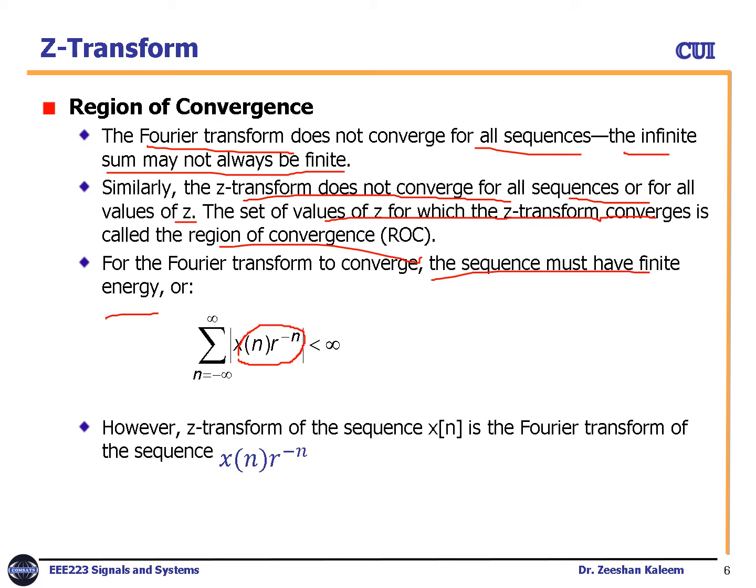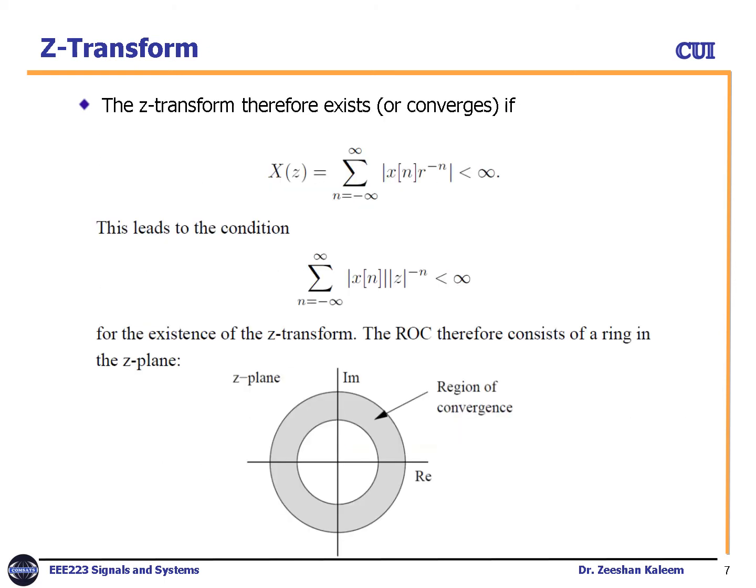The Z transform of the sequence x[n] is the Fourier transform of the sequence x[n] r^{-n}. So we can see that the Z transform exists, or converges, if this condition is met. That is, the sum of |x[n] r^{-n}| should be less than infinity.